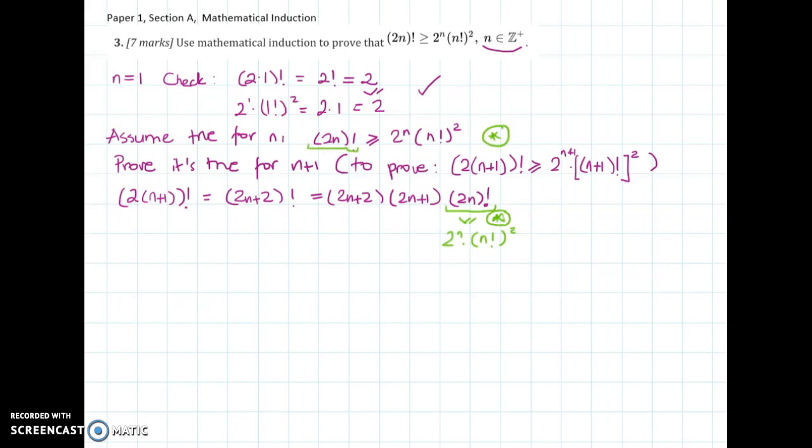So now I'm going to rewrite my expression, repeating the same factors, (2n+2) and (2n+1) multiplied, but instead of writing the last factor, I'm going to write something that is less than or equal to it. So what we had in the previous line is greater than or equal to (2n+2)(2n+1) times 2^n times (n!)^2.